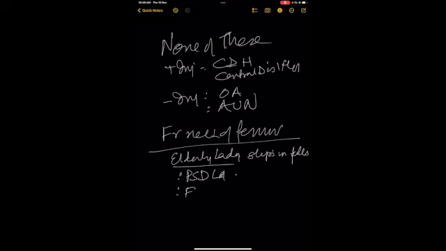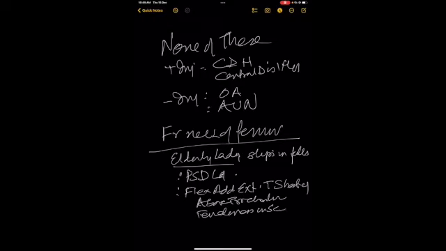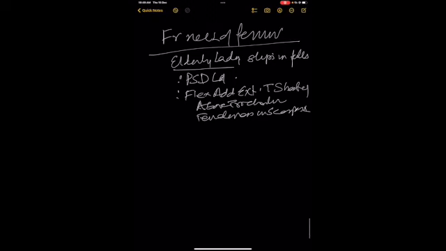There's flexion, adduction, external rotation deformity with true shortening above the trochanter. There's tenderness in Scarpa's triangle. So this makes a clinical diagnosis of fracture neck of femur.